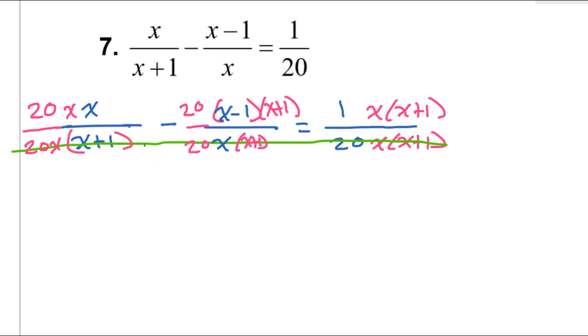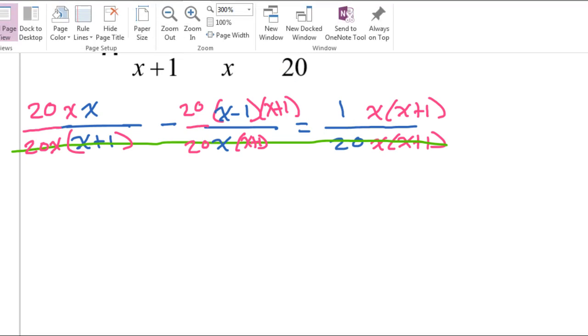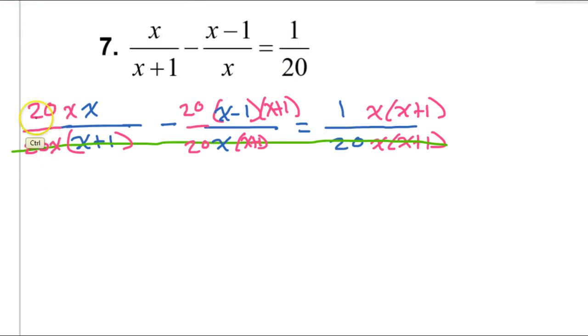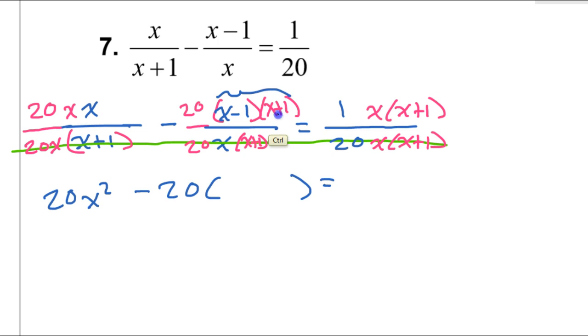Okay, so we have to be a little bit careful with how we handle this. So first I've got 20 x squared, because x times x. Now, for a minute here, I'm going to leave this negative 20 because I need to multiply these two together. Now, I recognize this as the difference of two squares.